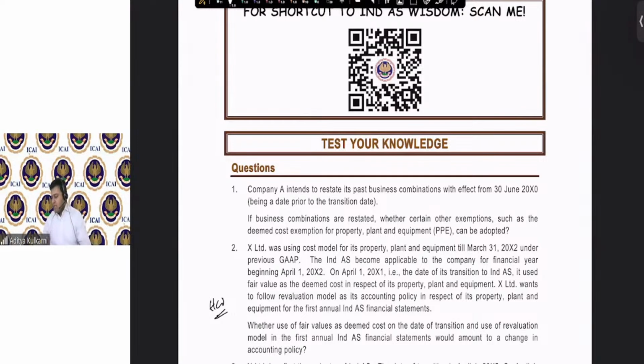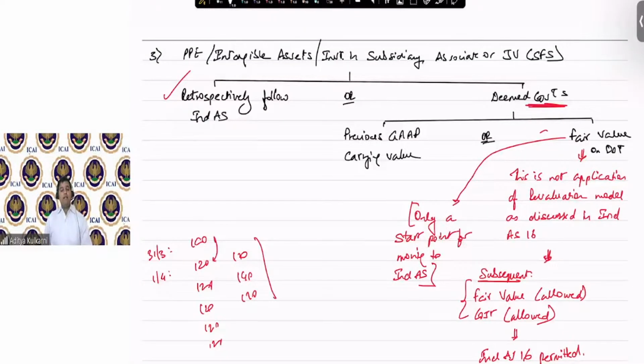Anyways, we have covered 3 major things today. That is ESOPs we covered in detail. Then we saw the second one, that is foreign currency, and the third one we saw was property, plant, and equipment. Then we are having business combinations, compound financial instruments, your loans at below market rates, and estimates, NCI.